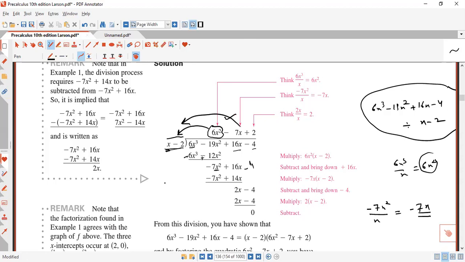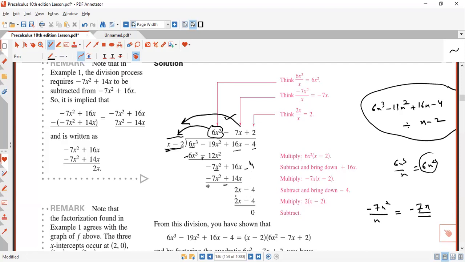So negative 7x into x becomes negative 7x squared, and negative 7x into negative 2 becomes positive 14x. Again you subtract. This negative sign converts into positive and this positive converts into negative. So the x squared terms cancel, and 16x minus 14x becomes 2x, and you bring down the last term, negative 4.